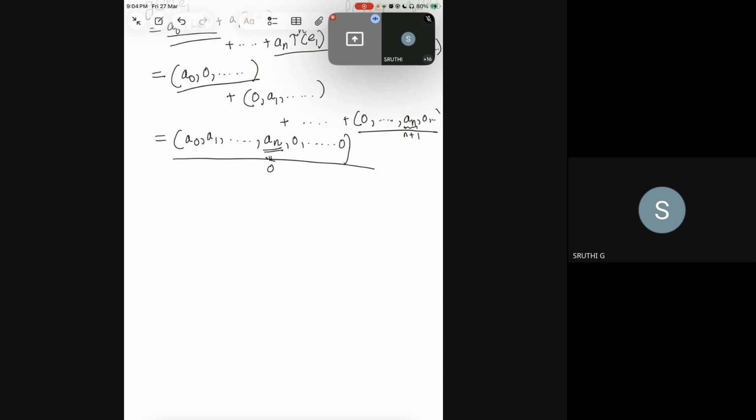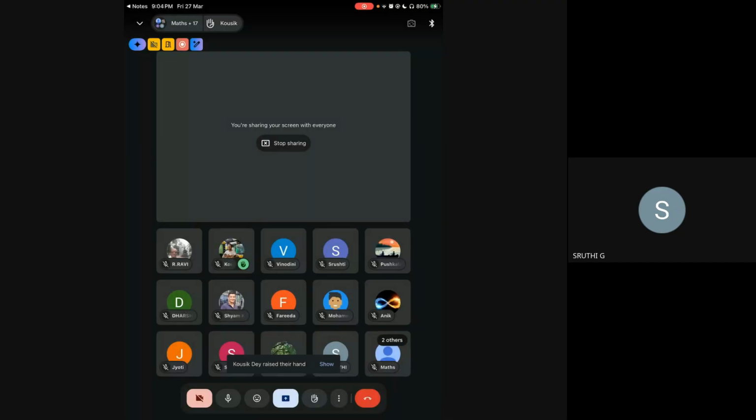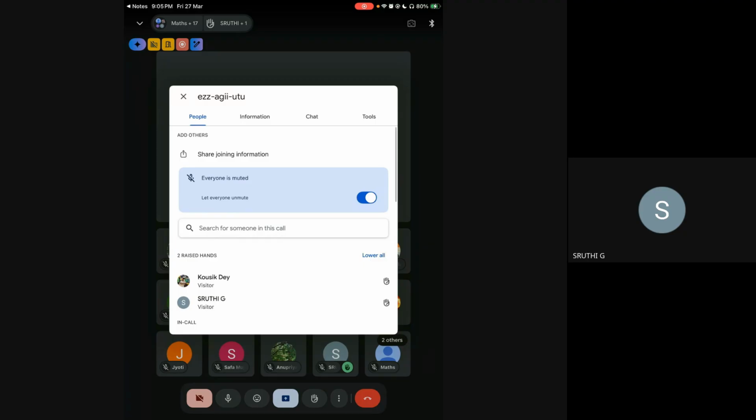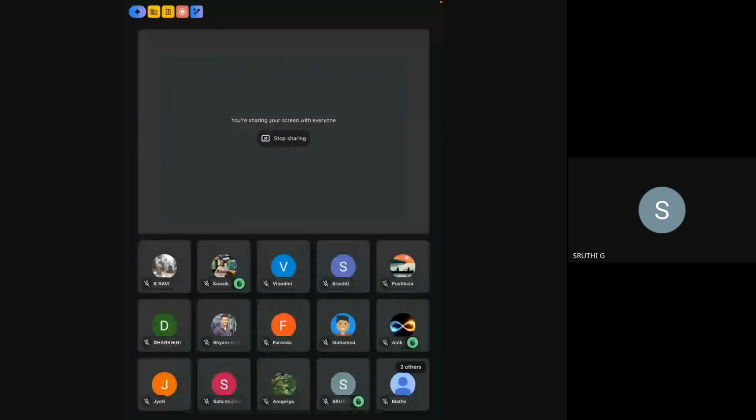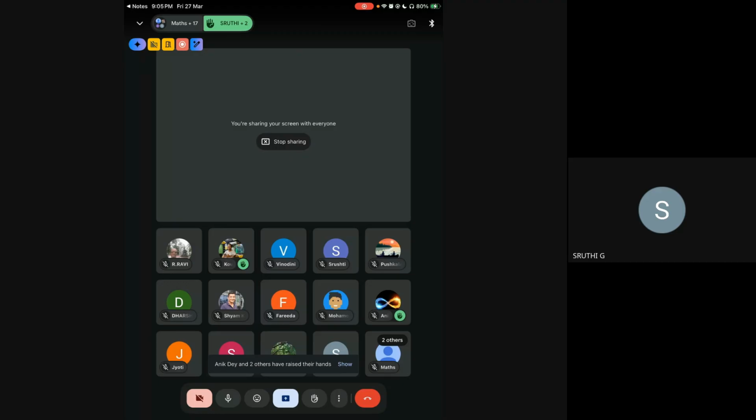Kaushik has. Shruti also knows what a norm on a vector space is. Onik also knows. Anybody else? If you're not completely confident, it is also fine to raise your hand.